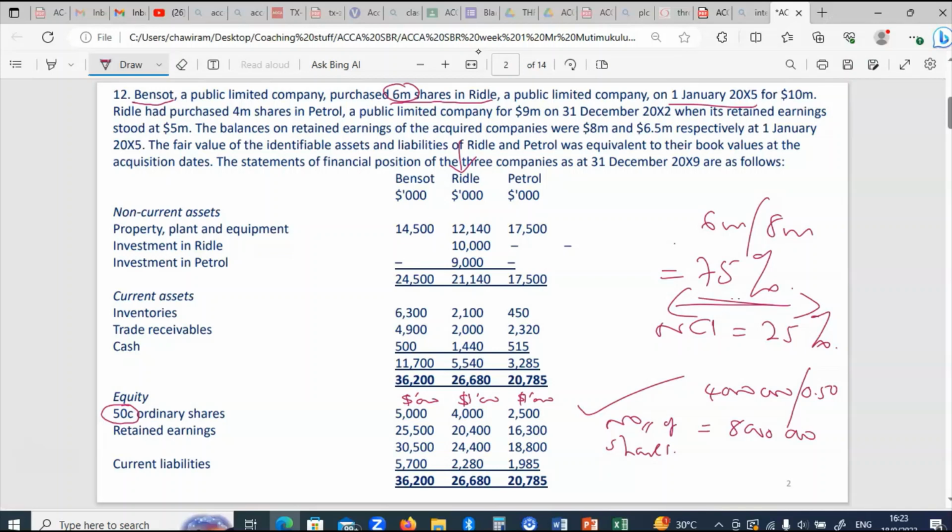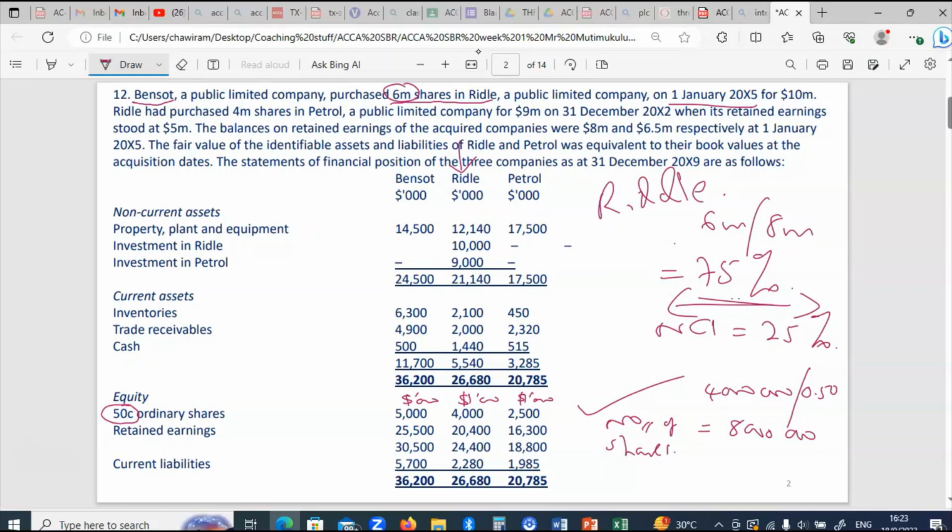Redu had purchased 4 million shares in Petrol, a public limited company, for 9 million. So you do the same. This was Redu. For the other company there, we are told that Redu had purchased the shares of another company a long time before.